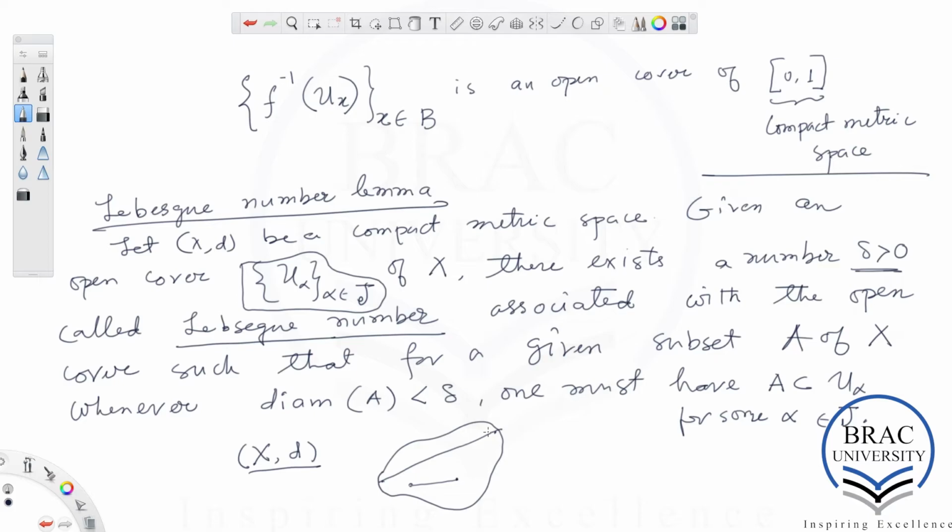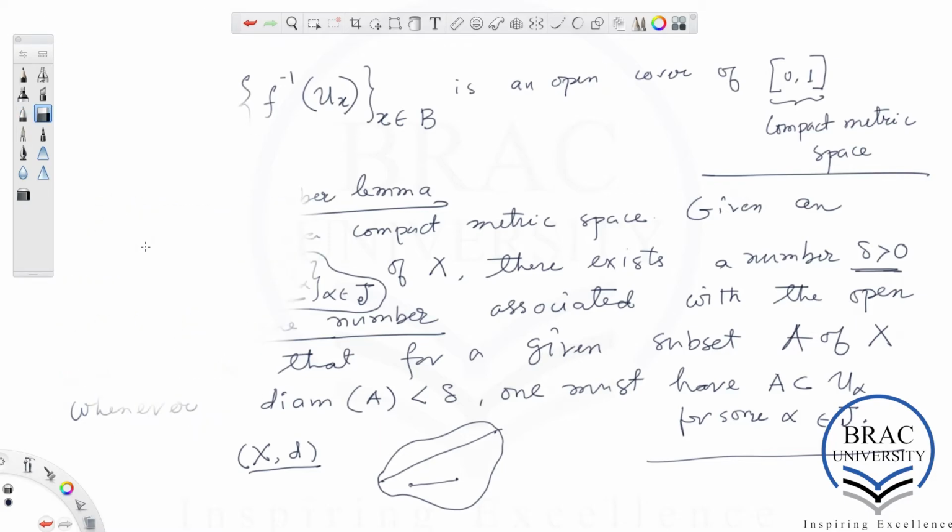So once we choose the open cover, we'll always have a positive number delta that will be called the Lebesgue number associated with the cover. Whenever we choose any subset of this compact metric space X such that the diameter of that subset is less than the Lebesgue number, that subset is contained in one of the members of this collection. That's what's written here. So this is the Lebesgue number lemma.